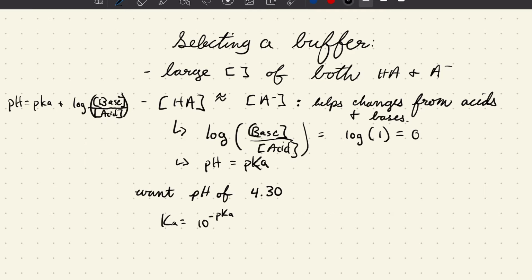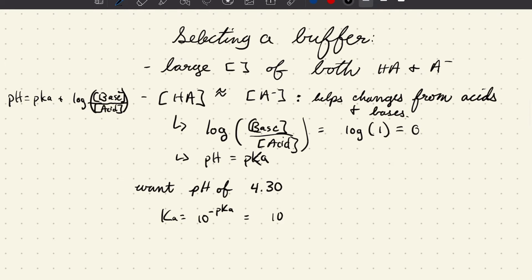I'm going to convert this to Ka because the acid strength table is generally organized by the acid ionization constant, Ka, and the pK is not generally given. So we're looking for a Ka value of 5.0 times 10 to the minus 5.